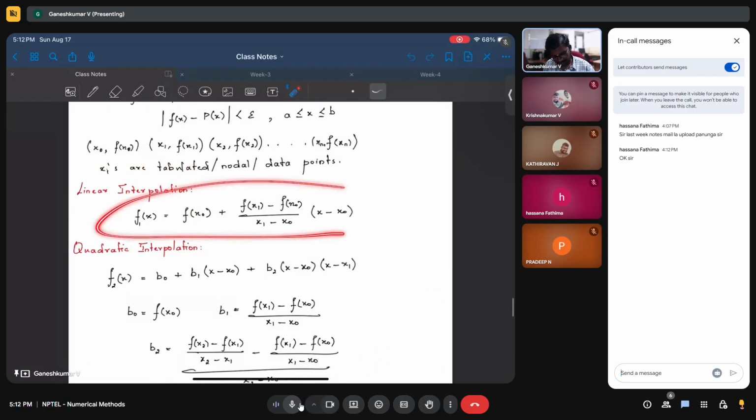In terms of this linear interpolation, your p is nothing but this part, and then this is nothing but this forward difference. Okay, this is a simple linear interpolation.